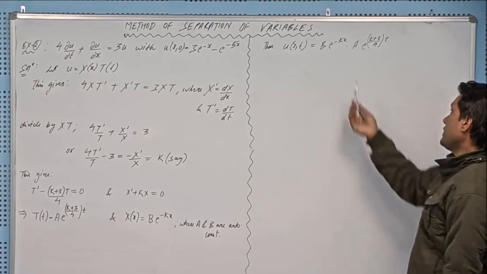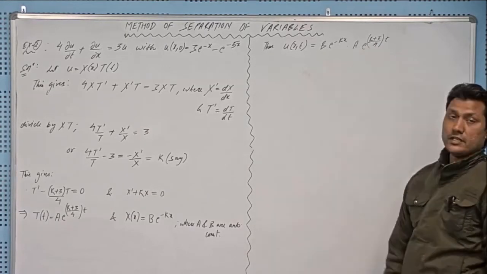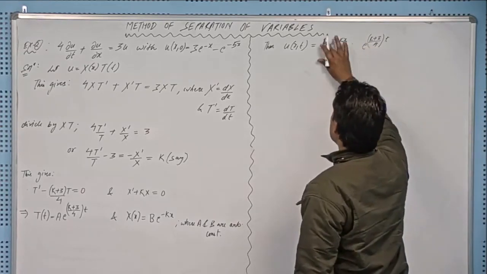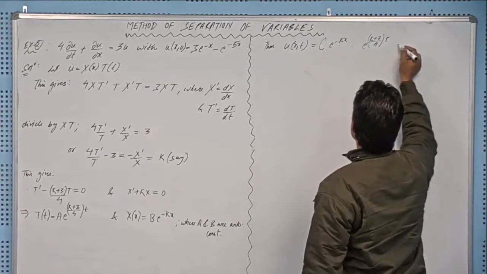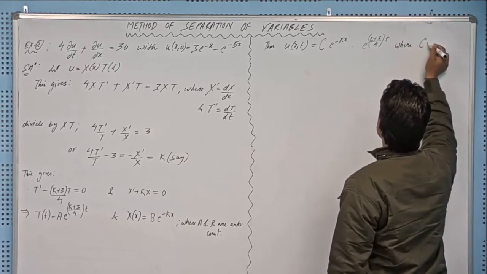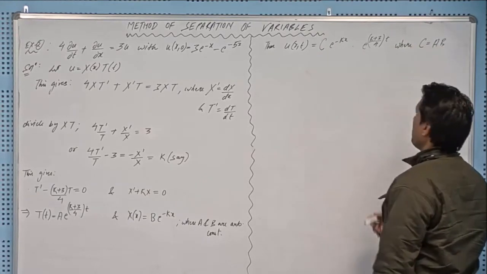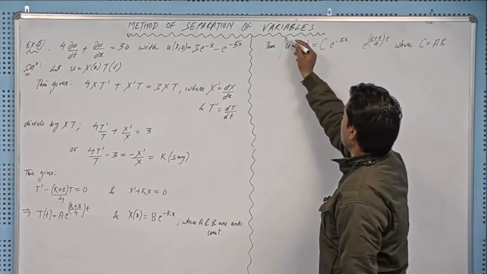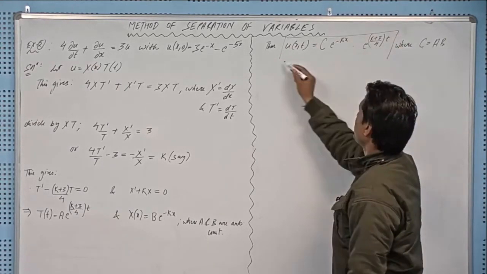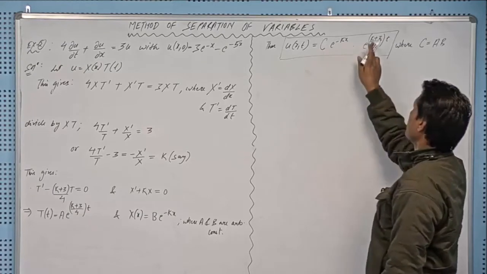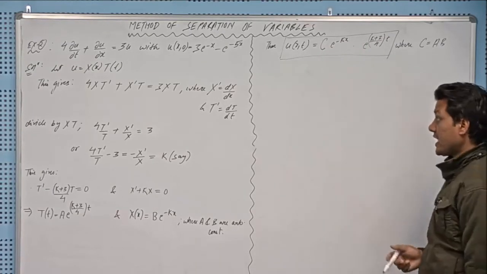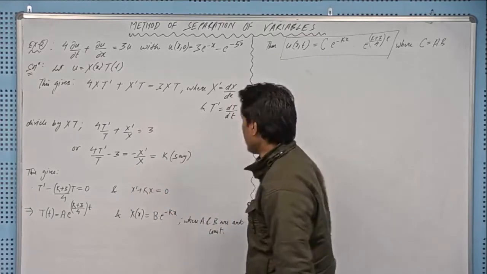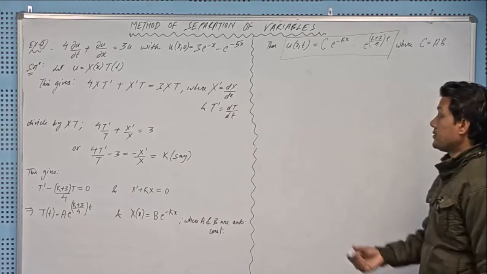And obviously the product of two constants will be a new constant. I am writing that new constant c, which is equal to AB. This is my solution, right? But it contains arbitrary constants c and k, and notice that this k is called the separation constant. Okay, then use this condition here.